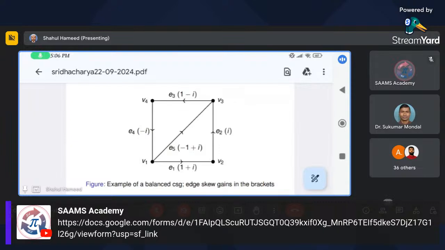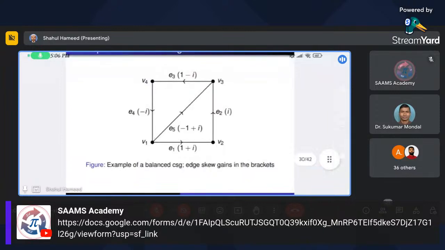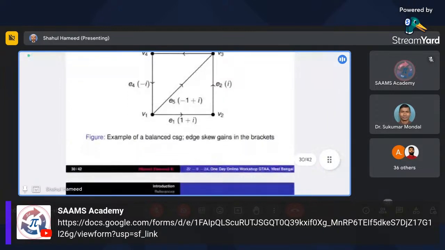Edge E2 from V2 to V3 has gain i. That's okay. We are traveling from V1 back to V1, but when you move along the edge V3, V1, you have to take the gain -1 minus i. If you multiply, it is another real number. You can see that everything will be a real number. So it's an example of a balanced CSG.